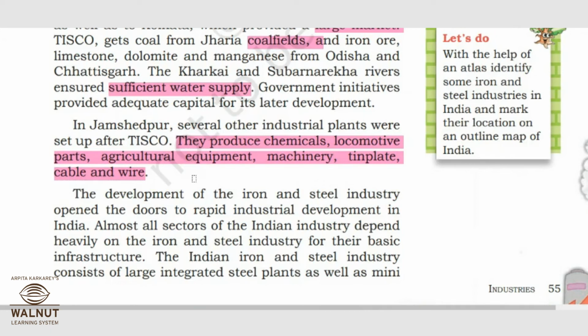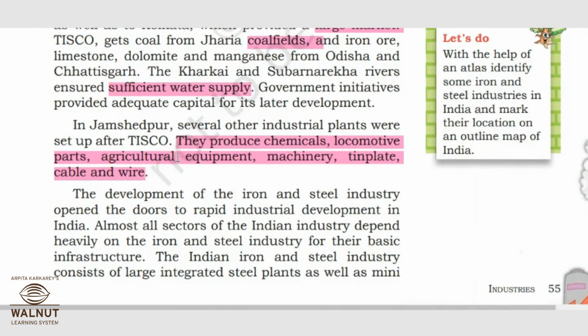Because the product that TISCO makes is the raw material of these other industries. TISCO makes iron and steel, and all these industries require iron and steel as their raw material.